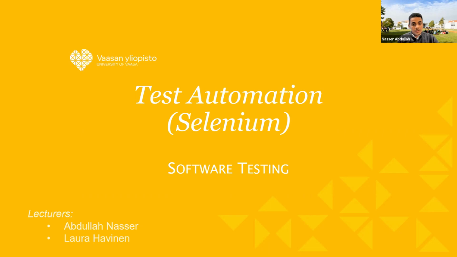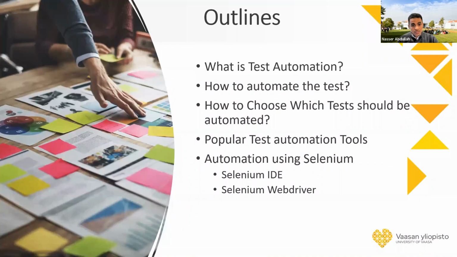Today we'll talk about test automation, especially using Selenium. So here is the outline. In this topic, you will learn what test automation is and how to automate the test. Also, how to choose which tests should be automated. And we will review some test automation tools.